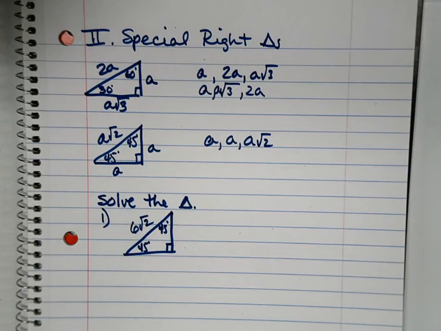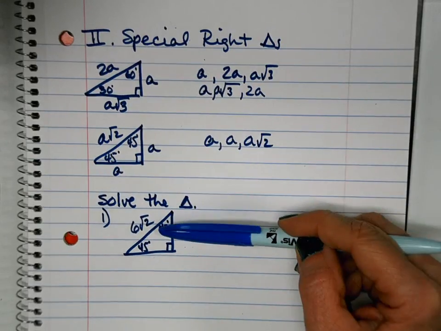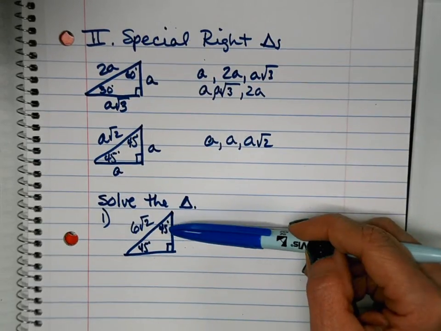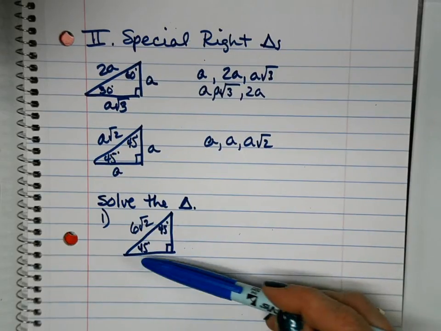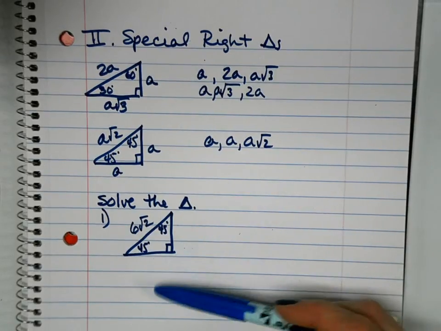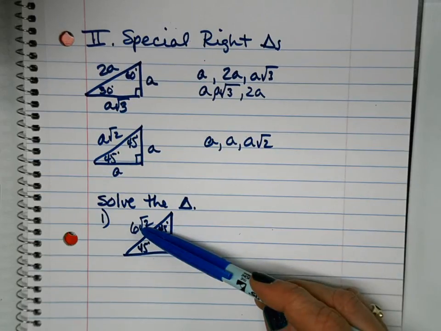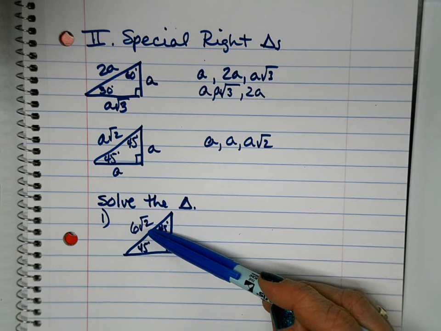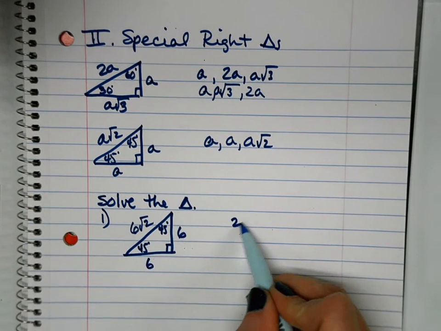I intended to leave this angle blank, so you're going to have to fill that in as 45, and then find the other 2. What's the pattern for 45, 45, 90? a root 2. 6 root 2 is a root 2, so what's a? 6, and you would just fill that in.